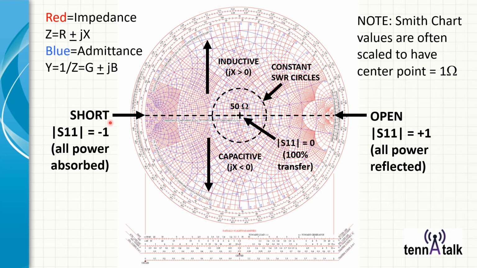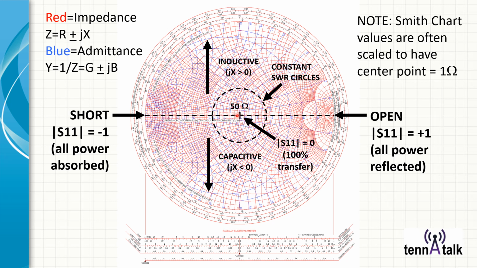Now, you'll notice that the equator here on a Smith chart is a resistance path or a resistance scale. 50 ohms is in the middle, and as you move towards 9 o'clock, it becomes a pure dead short. As you move towards 3 o'clock position, it indicates an open, wide open end of your feed line or of your impedance match point.